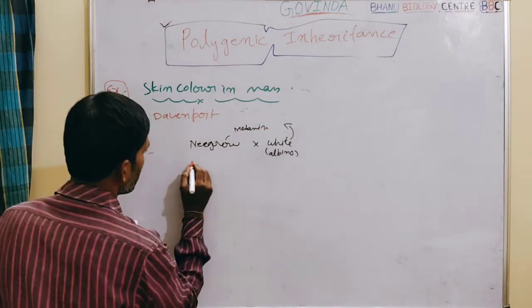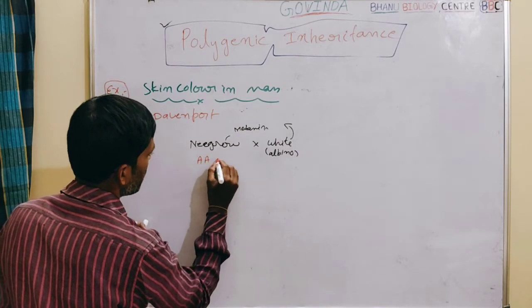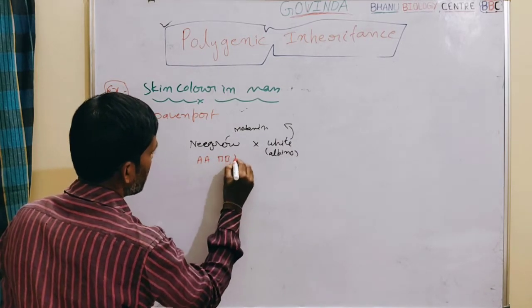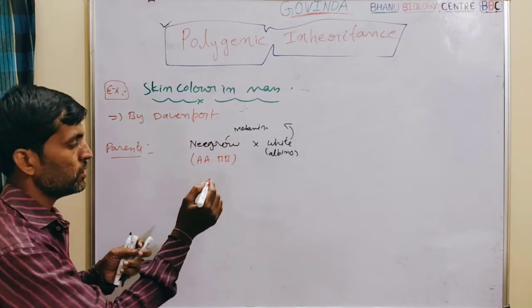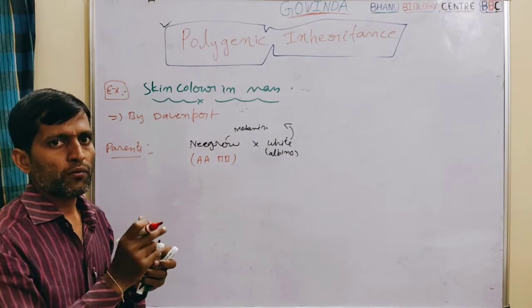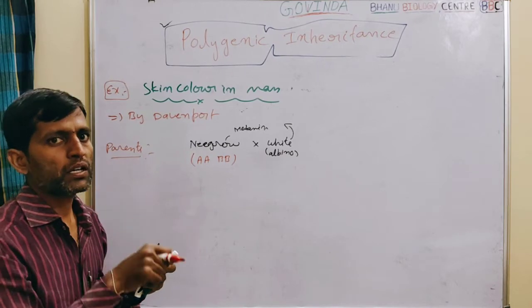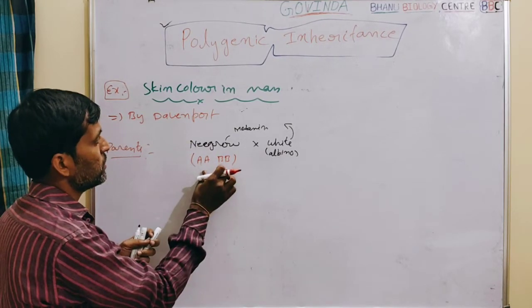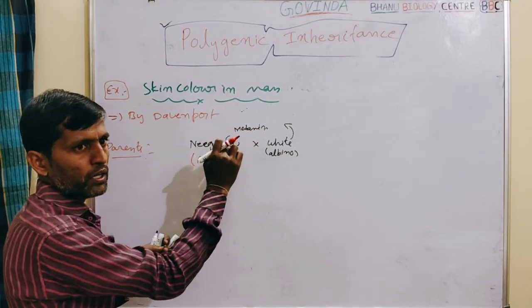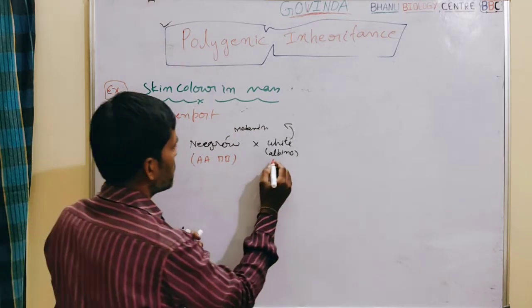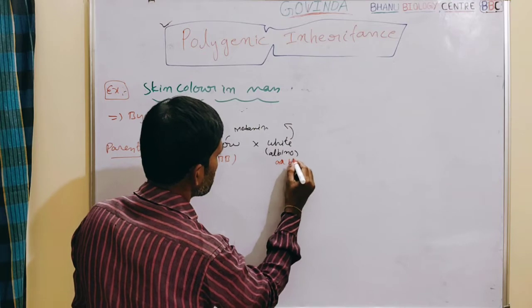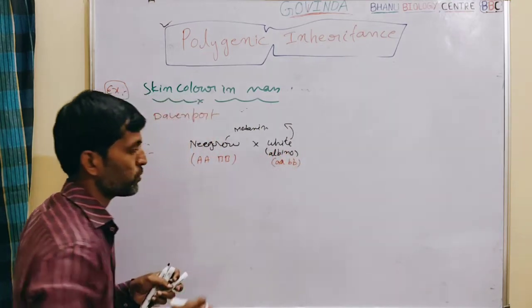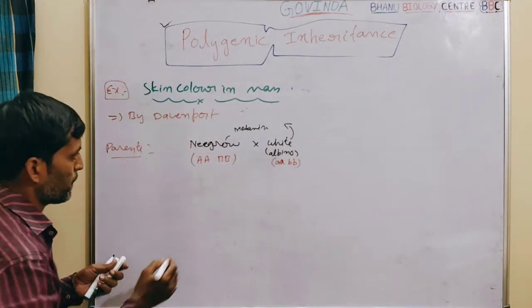The genotype of Negro is capital AA, capital BB. I mean two pairs of genes show additive effect or cumulative effect simultaneously. Because of that reason, the dark color comes to these persons. Then the genotype of albino becomes small a, small a, small b, small b. Genes are in recessive condition, so no color.